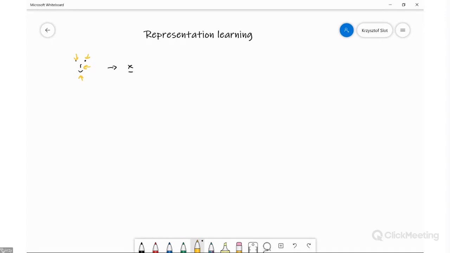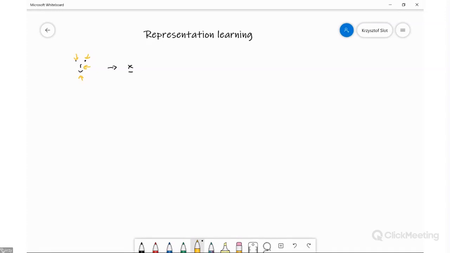So basically, these components of a structure, they are some characteristic points or characteristic regions that we most likely use in recognizing objects.